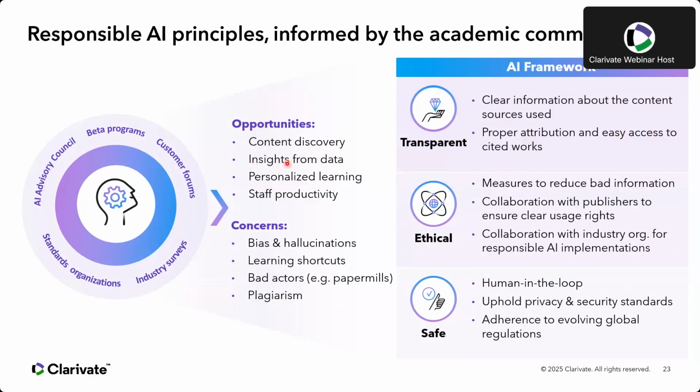There are some opportunities to discover the content faster, get some insights from large data sets, have some personalized learning when you try to get to know more about a specific topic, improve productivity. But there are some concerns. For example, bias, hallucination, learning shortcuts, bad actors like paper mills, plagiarism, and so on.